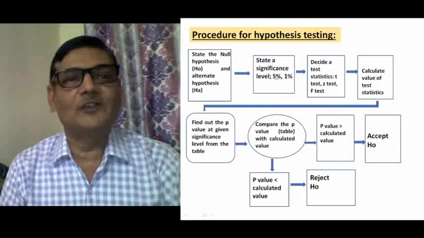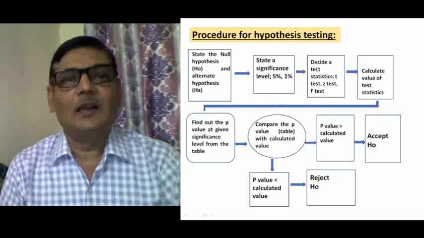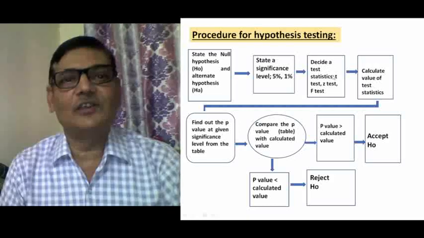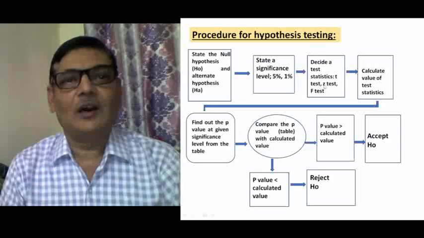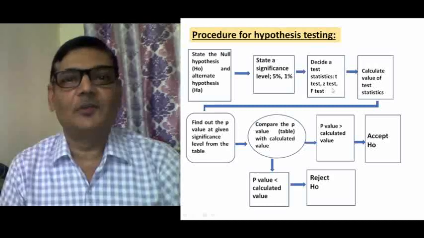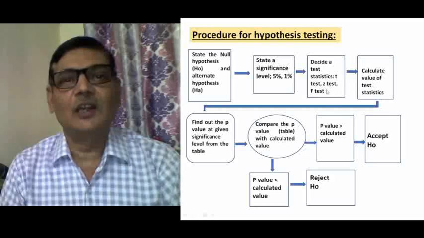In most of the cases, or I can say in 99% of the cases, the significance level becomes 5%. But this is our own decision. And then decide a test statistic, whether you are going to apply student t-test or z-test or f-test or chi-square test or Mann-Whitney U-test. So this you have to decide, that which statistical analysis will be most appropriate.